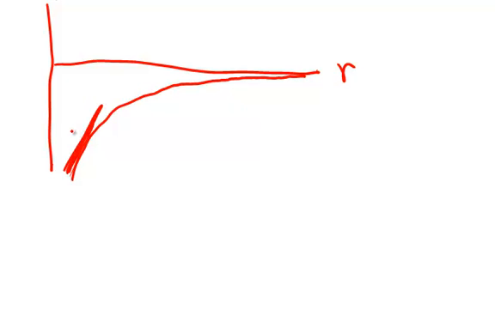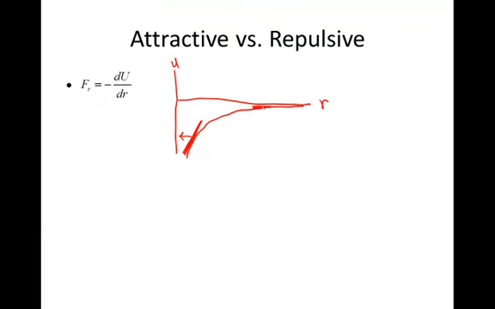So we have a large positive slope, but notice we have this minus sign right here, so the force is in the negative direction. In other words, the force on the particles at this point is going to be towards one another. Out here, we have a much smaller slope, but still a positive slope, so the force, again, is still negative, just a little bit smaller.